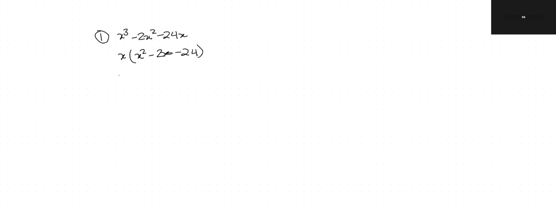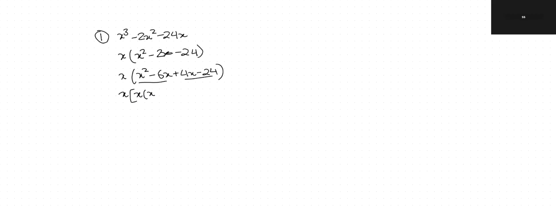So we know factors of 24; we find the factors of 24 such that their sum is negative 2. Okay, that way it is easier.